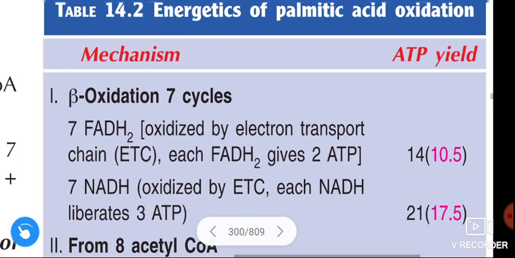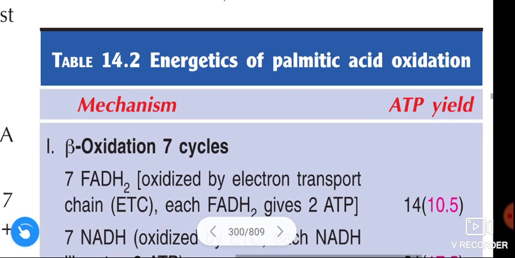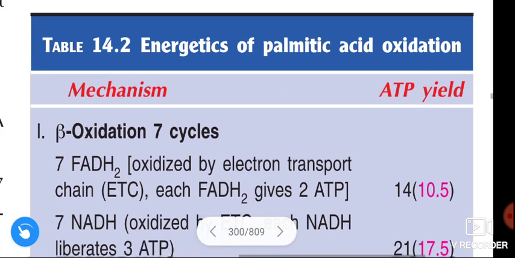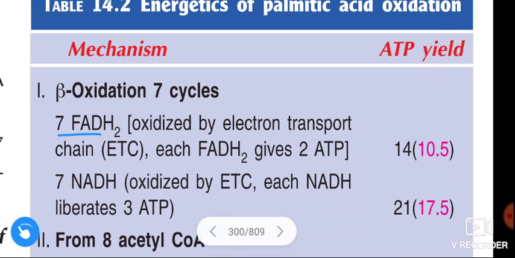And the thing you have to remember is that from each cycle of beta oxidation you yield 1 FADH2 and 1 NADH. For complete oxidation of palmitic acid you need 7 cycles, so we are multiplying with 7. Clear?